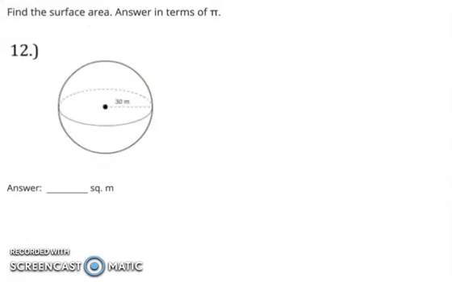Okay, I'll make this one the last one for this video. Find the surface area, answer in terms of pi. The surface area for a sphere is 4 pi r squared. So we're doing 4 times pi times the radius, which for this one is 30, squared.